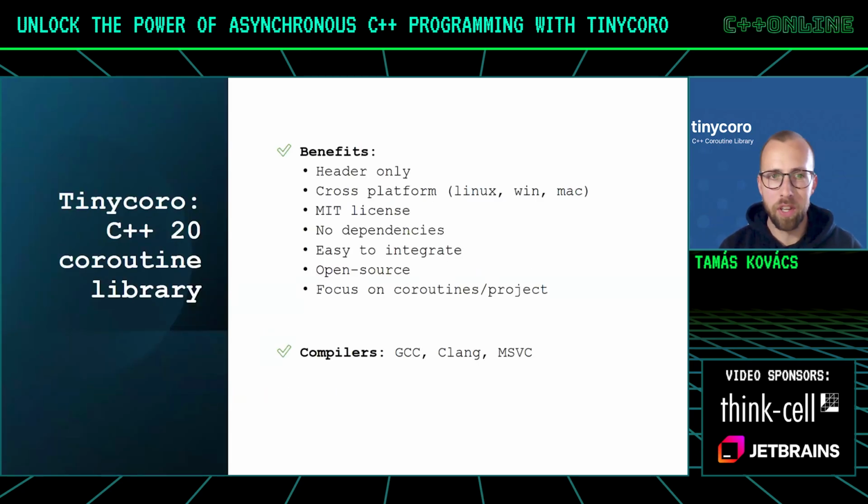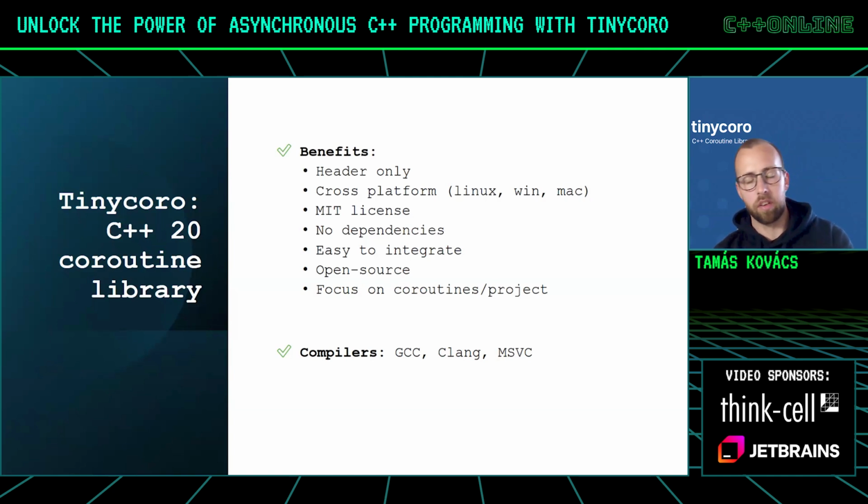So just a quick summary about Tinycoro. The benefits of Tinycoro are, of course, that this is a header-only library. It's cross-platform, so Linux, Windows, Mac, it runs everywhere. It's MIT license, so you don't have to worry about OSS clearing. There are no additional dependencies.